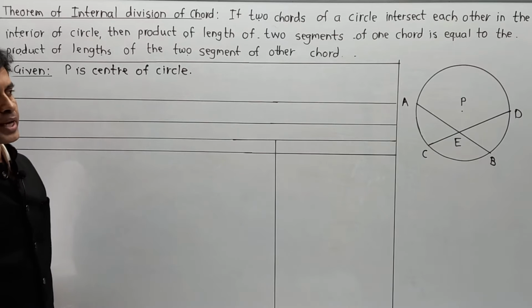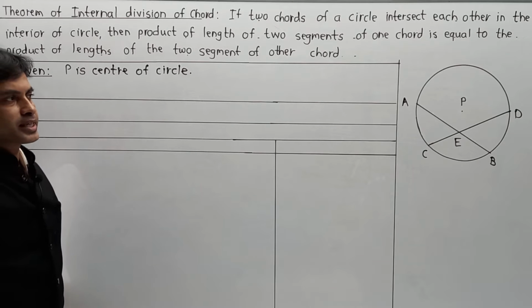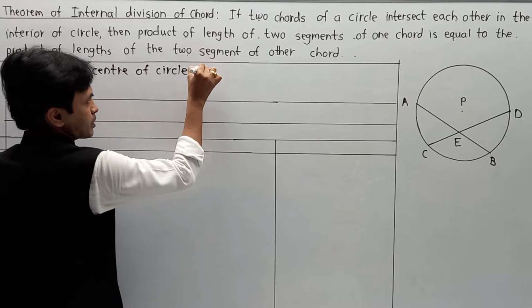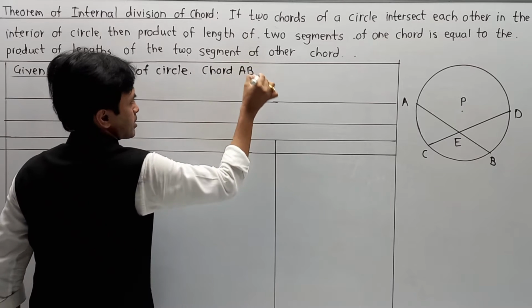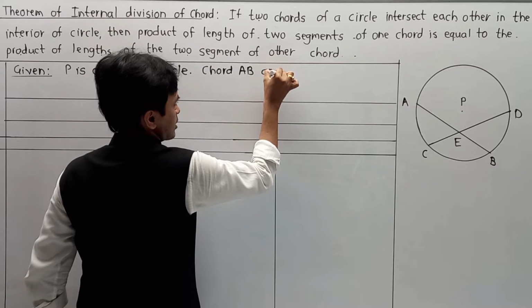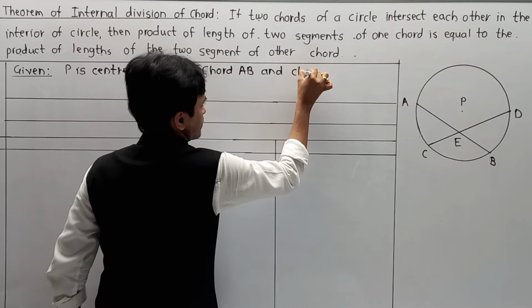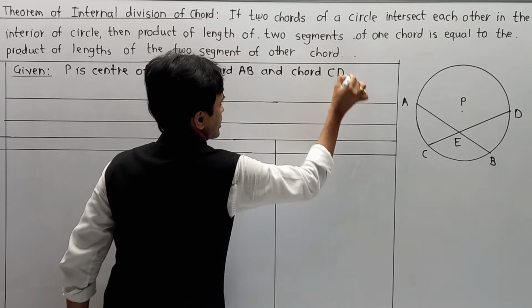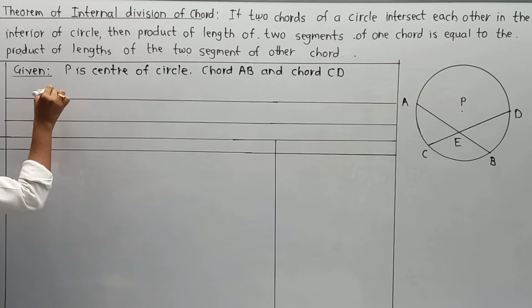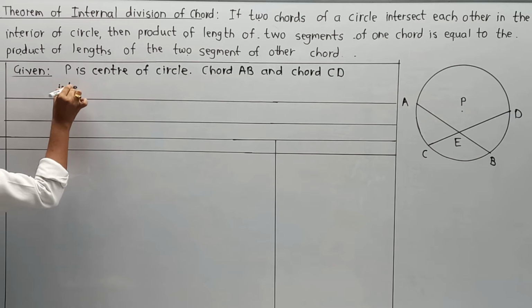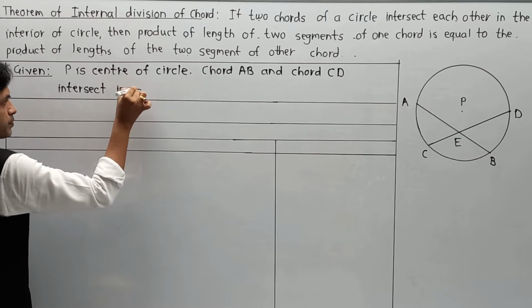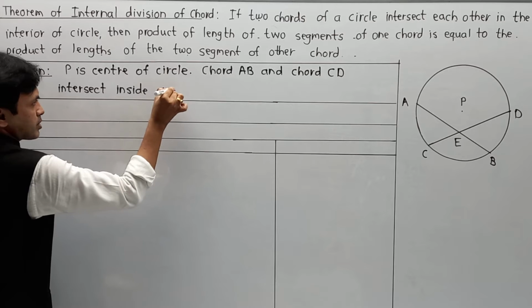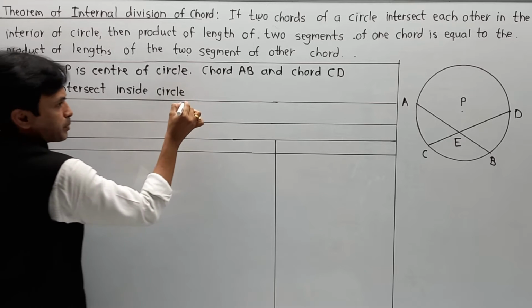Next, chord AB and chord CD intersect each other inside the circle at point E.